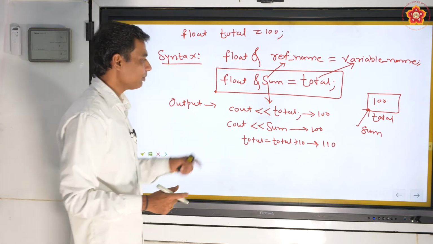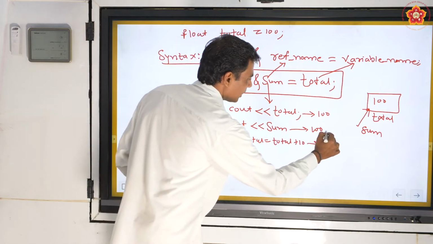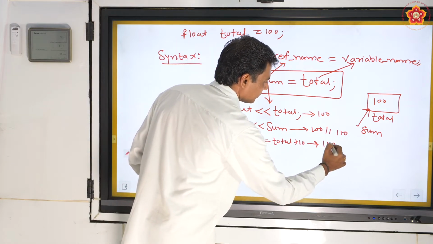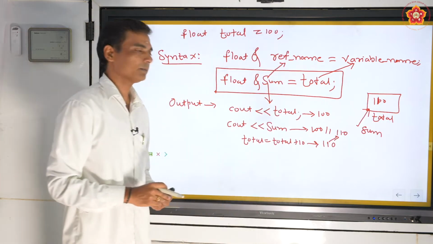And if I print the contents of sum, sum will also print 110 because the actual contents are getting changed here.